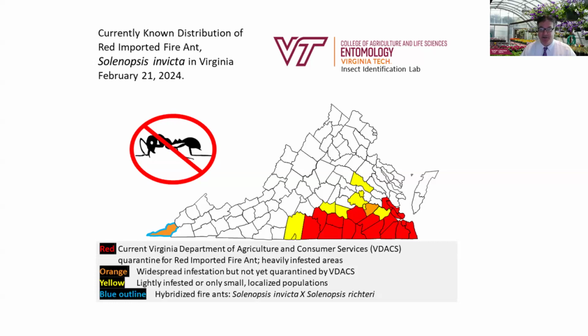So they are a special class all by themselves, and that's something you need to be aware of if you're going to those areas. If you are in that quarantine area, you're kind of on your own. If you're not in the quarantine area and you do see fire ants, definitely report to your local extension agent and also to VDACS, because VDACS will do control if you are outside of the quarantine area.